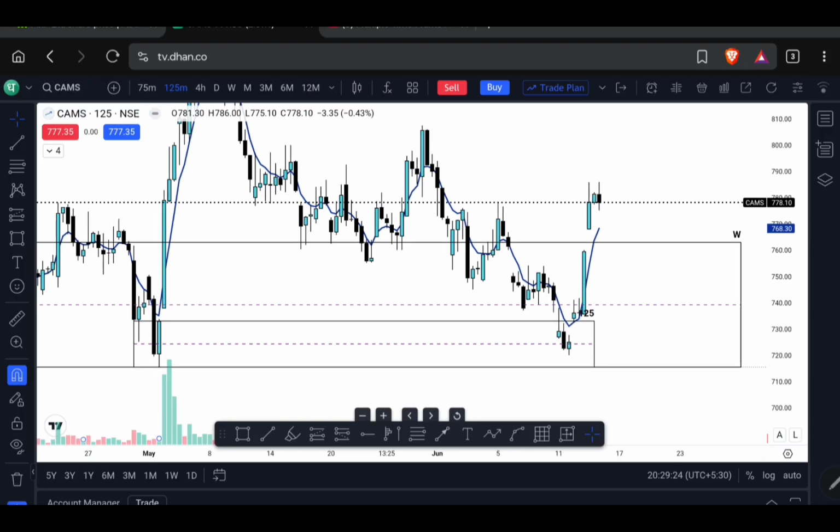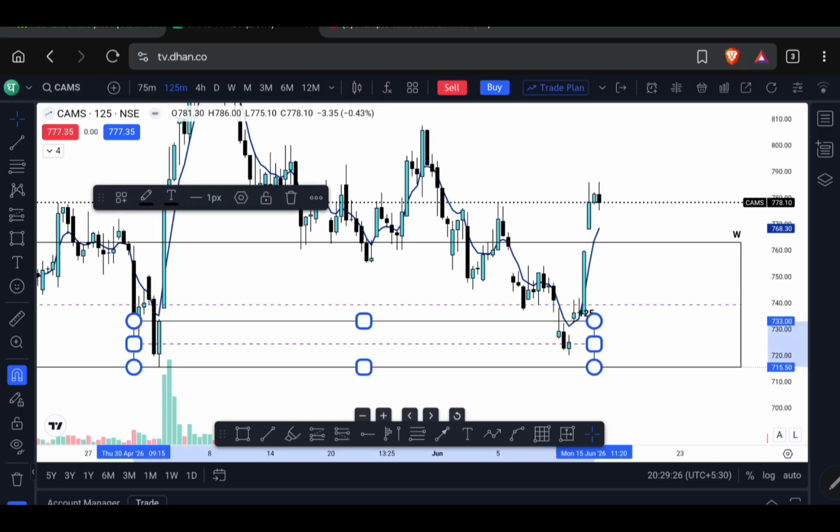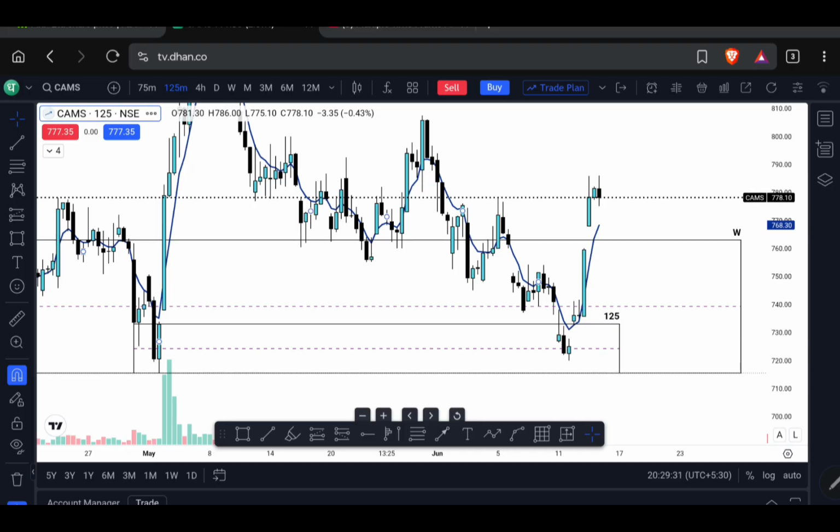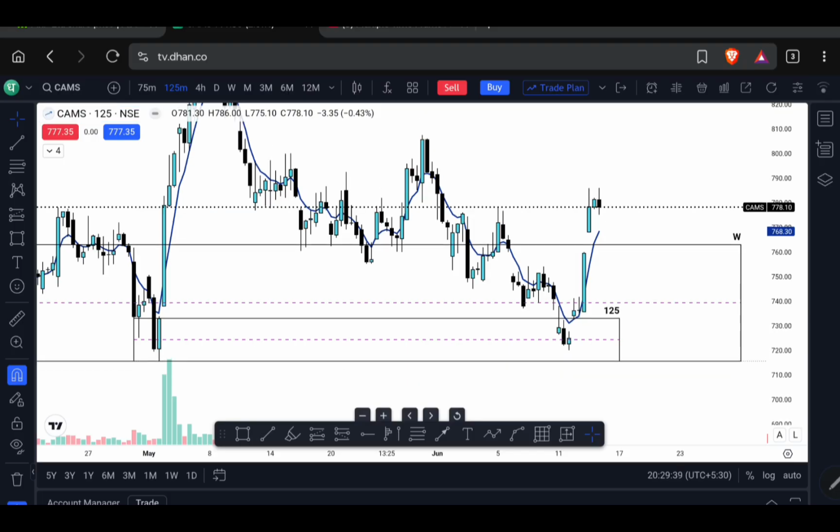In that demand zone, we have found this execution demand zone on 125 minute. We can consider 75 minute as well, but if we have found one on 125 minute having fewer than 3 base candles, that is enough for us. So no need to switch to the 75-minute demand zone.